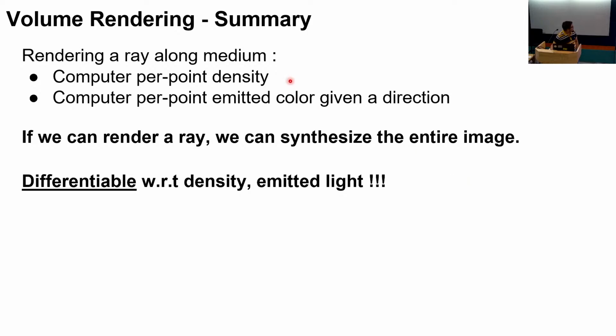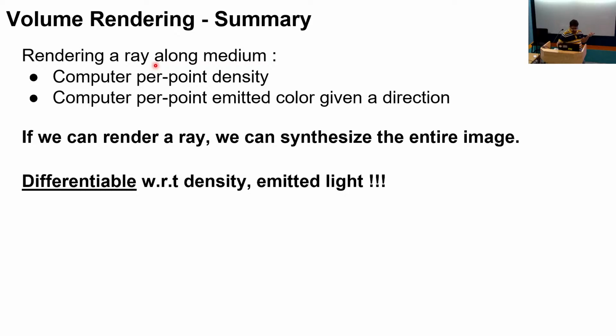So now what do we have? We have created a volumetric rendering equation for which, for every pixel point, you can compute density, and you can also compute how much color would be coming from that direction, right? That is what we have figured out. And if we can render a ray, we can then synthesize the entire image, right?